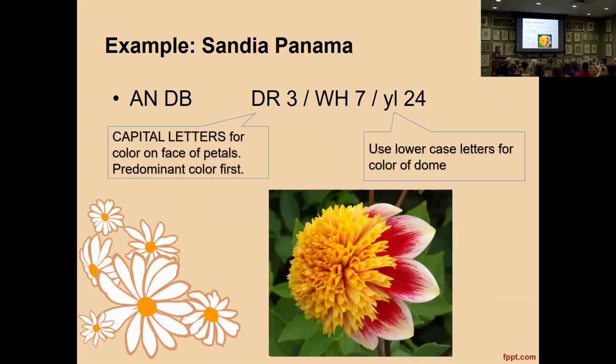And here we see Sandia Panama. It's an anemone dark blend, with the blend being dark red 3, white 7 on the petals, the ray florets. Then lowercase letters for the color of the dome, which is yellow, and it's yellow 24.